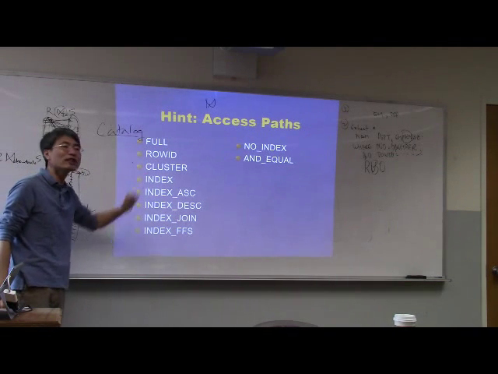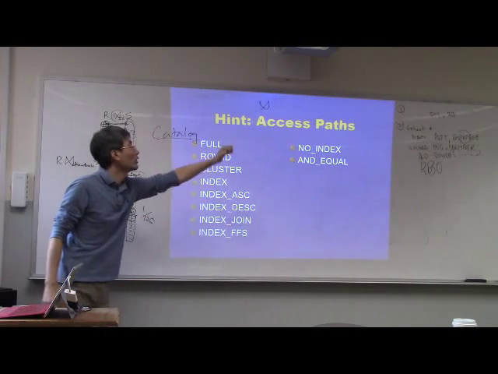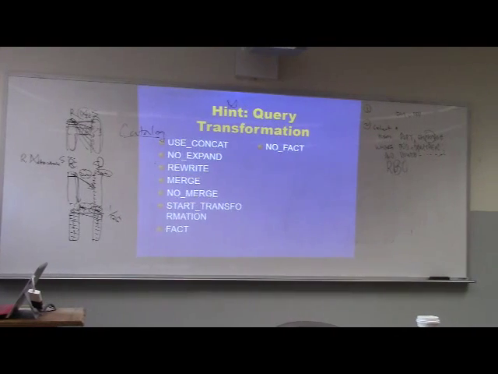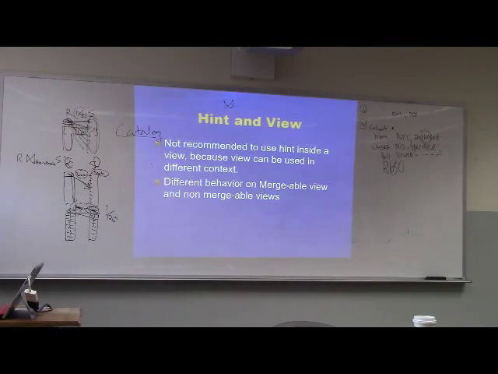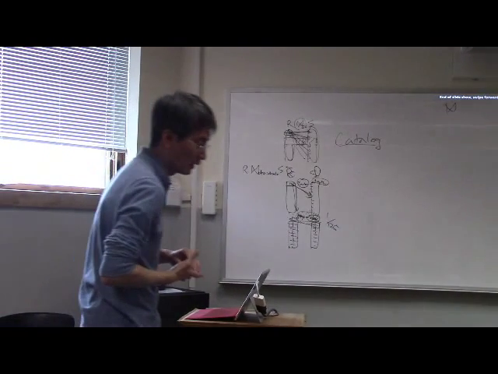Or why don't you use the index? Why don't you use the join? Why don't you use no index, something like that? You can direct the route to access the data. That is called a hint. Nowadays, this hint is adopted in many other RDBMSs because it's very convenient and many people are using it.